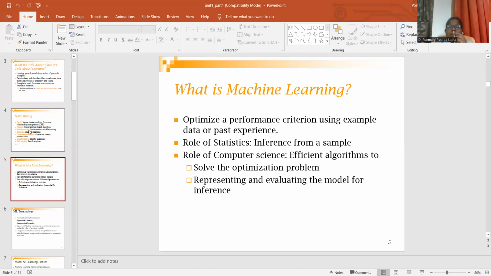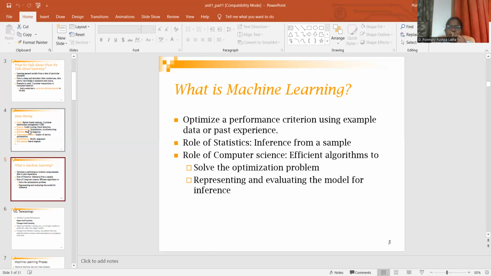Machine learning is optimizing a performance criterion using example data or past experience. It is going to improve the performance based on past experience. It has a role of statistics: inference from a sample, which is the data.